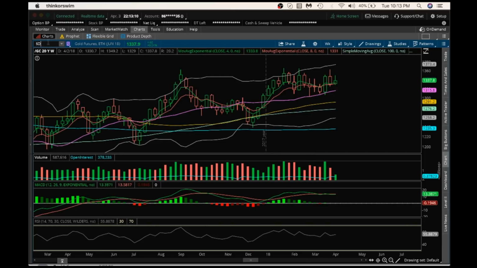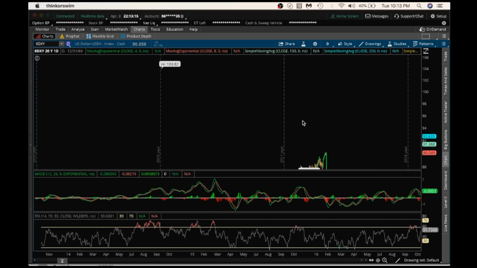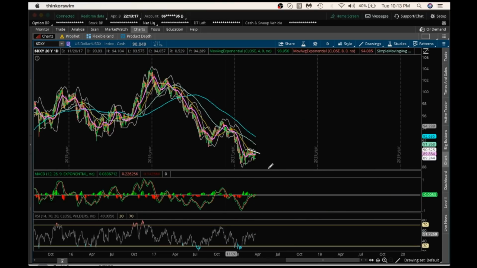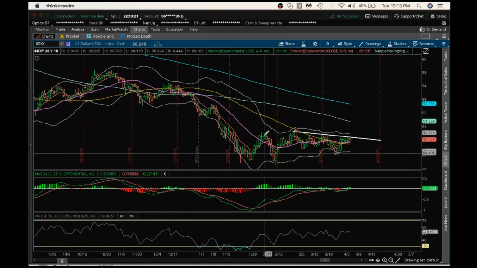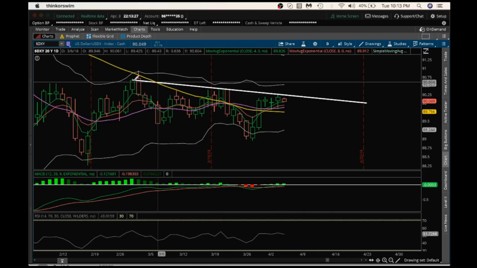And looking at the dollar, looking at this daily chart here on the dollar, zoom in. So daily on the dollar has set lower highs on the bounces, and we have a downtrend daily line, and we're right at that downtrend daily line.